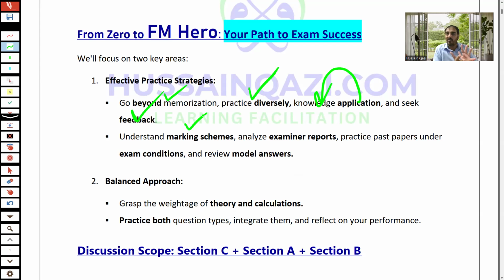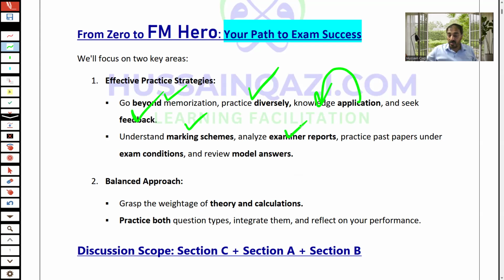Be relevant. All of your working and draft must be relevant according to the marks. If you are attempting a theory or calculation which doesn't have any marks, you are actually wasting your time and in fact pressurizing the other questions, and it is possible that at the end of the 3 hours you will not be able to complete your questions. So I will emphasize the marking scheme in this session as well.